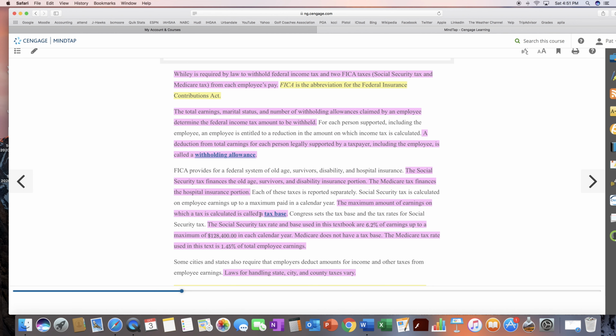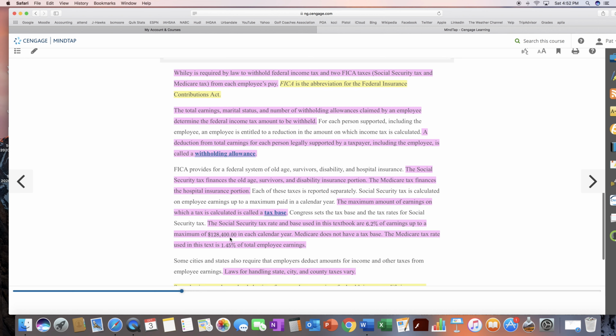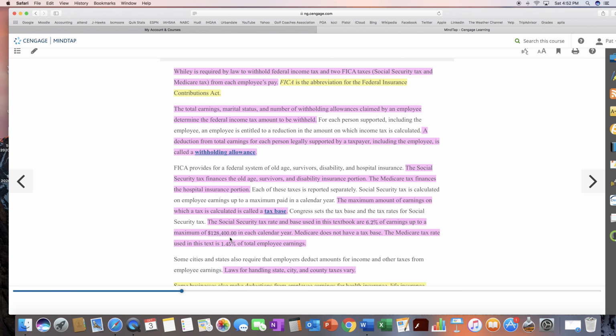For example, you're not going to pay the Social Security tax on every dollar you earn. You're only going to pay Social Security tax on earnings up to 128,400. That's a different number than we had in accounting one, where I think we had 87.5 or something like that.